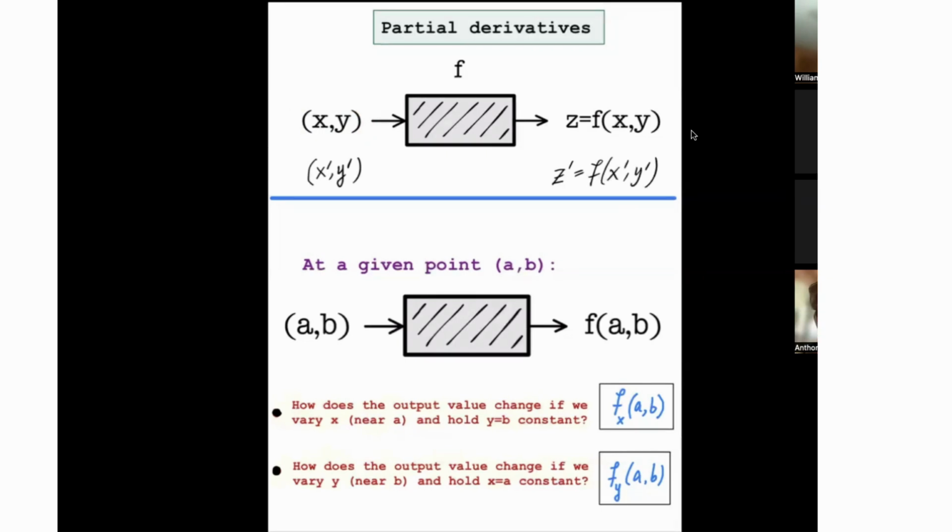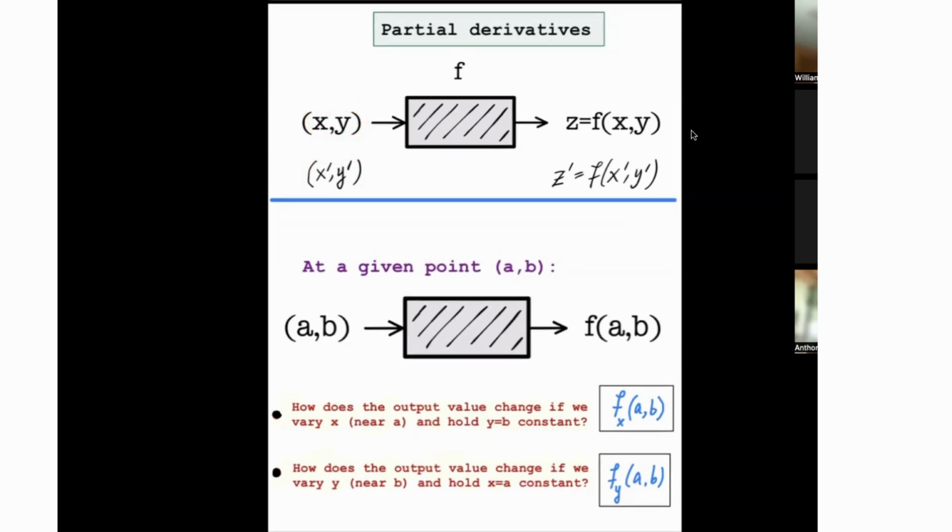Okay, well, one difference between this case and the previous case is that with this new point, there are lots of different ways that we can head away from this point x, y. If this is a point in the XY plane, let's say that this blue rectangle represents a part of the XY plane, and here's our original point.